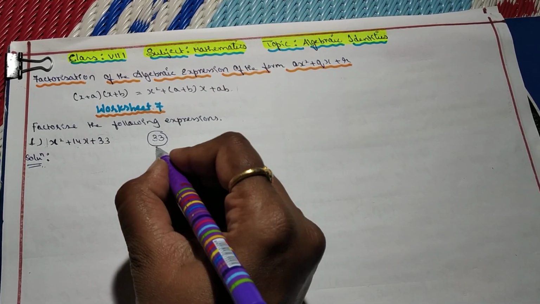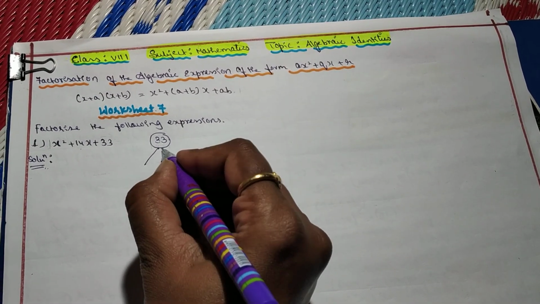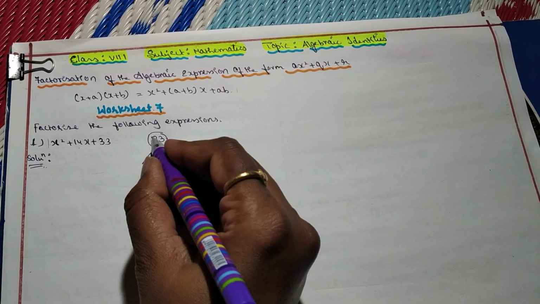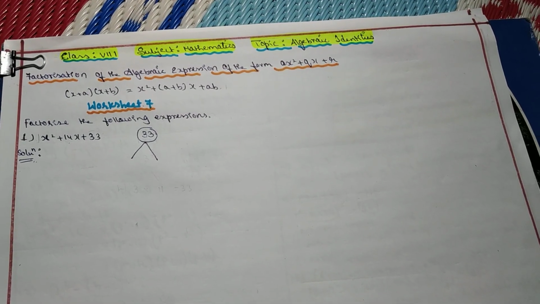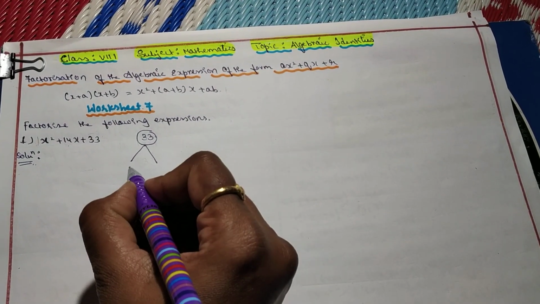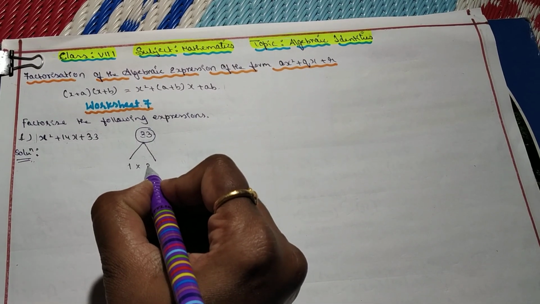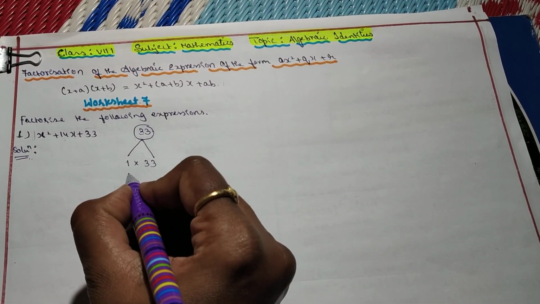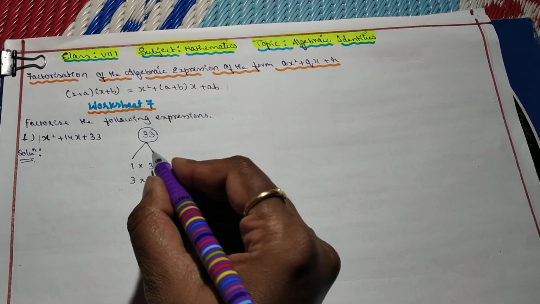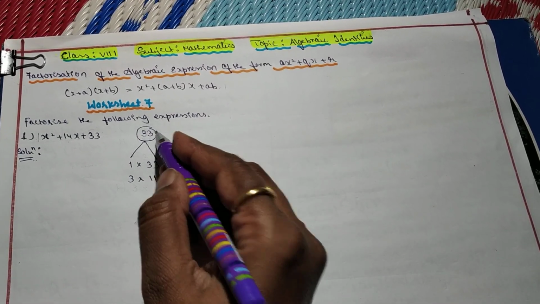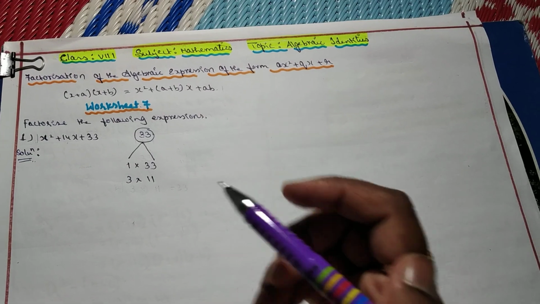And the second step is choosing the tables in which we get 33. That is, we know that 1 into 33 is 33, and the other one is 3 elevens are 33. Right? In these two tables only we get 33. This is the second step.